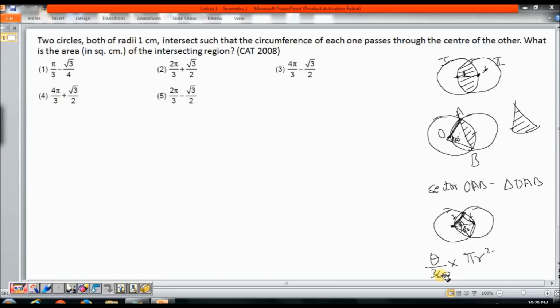So I know the angle subtended by the sector in our case is 120 degree, and I know the radius of each circle is 1 centimeter. So let us find the area of the sector.